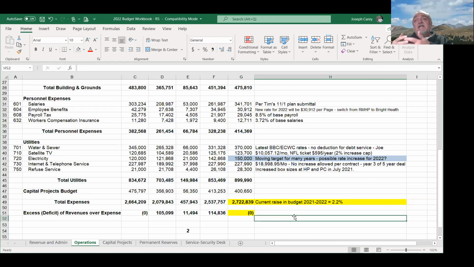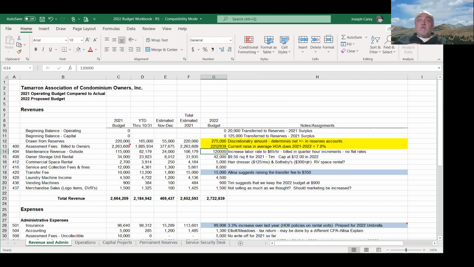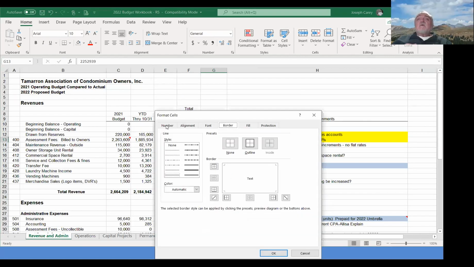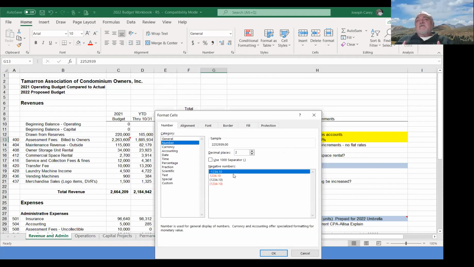And that left the net deficit of 2.252939. And so that means that's what needs to be collected in assessments. Got it. That number is less than what was collected for 2021, according to the 2021 budget number, which was 2,263,609.